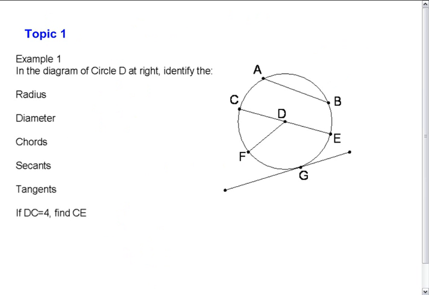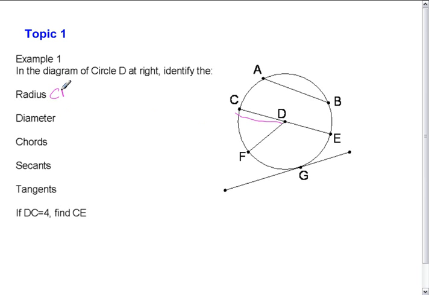Alright, last one is to take a diagram and analyze and identify all of the different parts and definitions that we talked about on those first couple pages. There may be more than one answer, so make sure you are as specific as possible. Radius goes from the center to an outside point. The first one that I see is this segment right here.